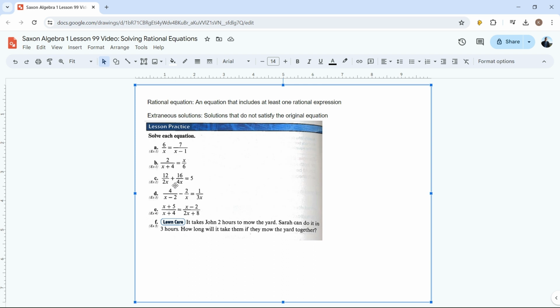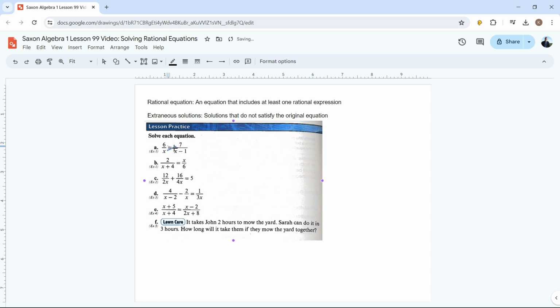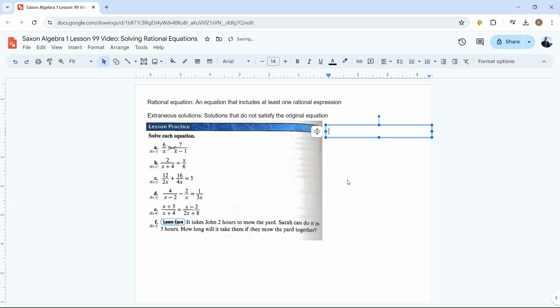When we have just a fraction on either side of the equal sign, this is going to be really easy. All we need to do is cross multiply to solve. Okay, so we're going to cross multiply 7 times x and then 6 times x minus 1. You do have to be careful to use good rules of algebra. Notice I'm not multiplying the 6 just times the x.